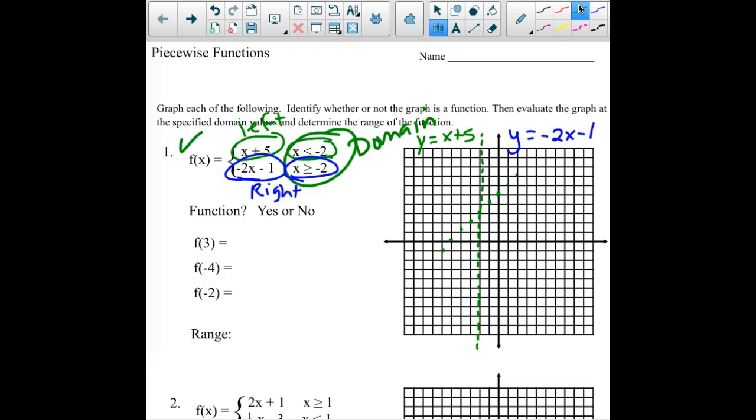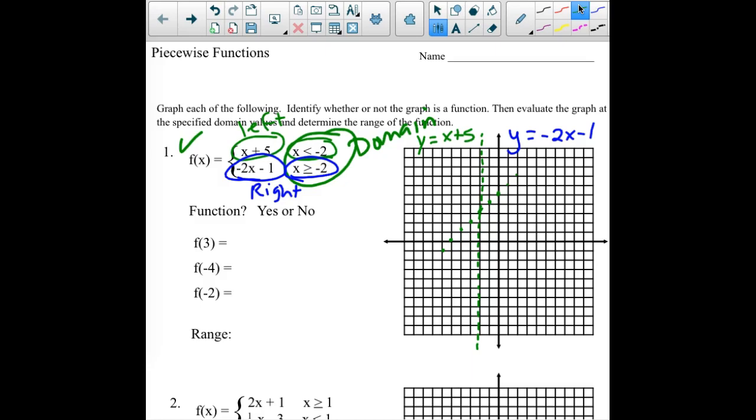Then the next thing we look at is where that line hits the breaking point. This vertical line was at x equals -2. Where we hit it right here, do we want that to be included? In other words, can we use this function when x is equal to -2? No, it has to be less than -2.